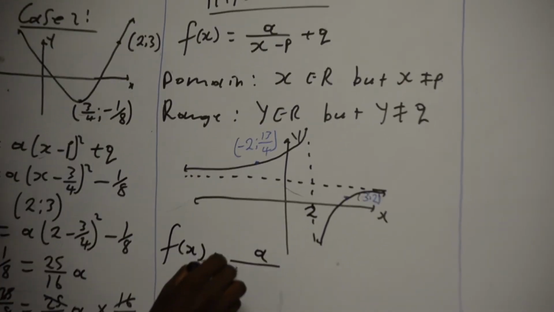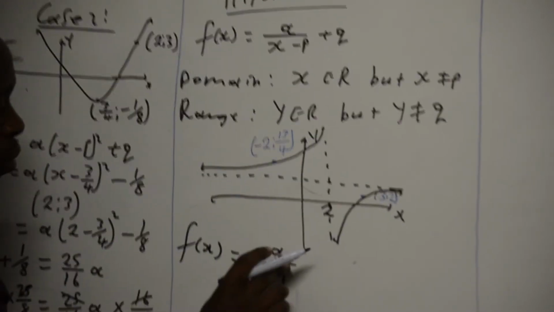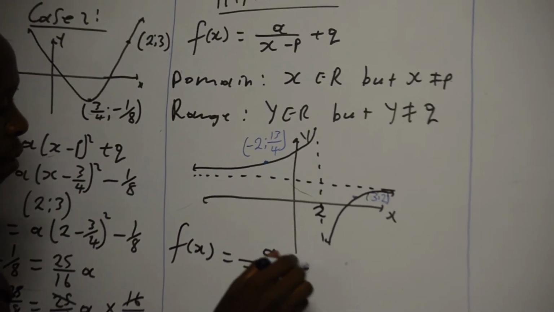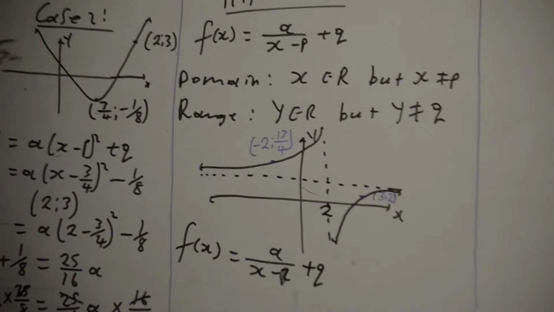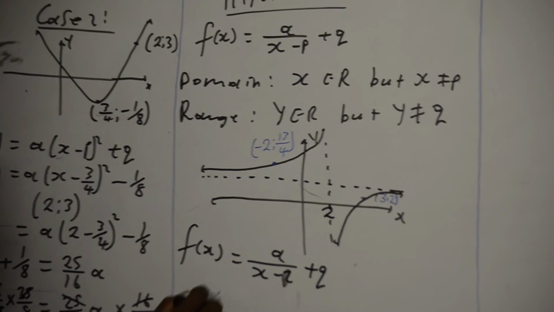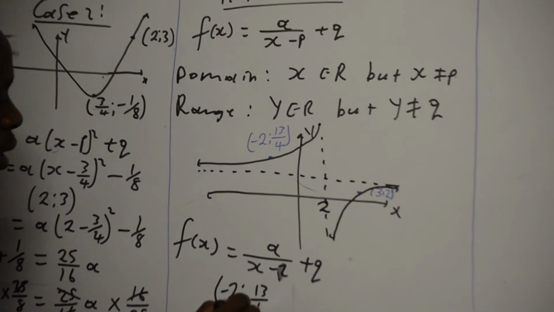So just substitute x with -2, which is your P, plus Q. So my unknowns are only A and Q. First point: -2 is to 13/4.